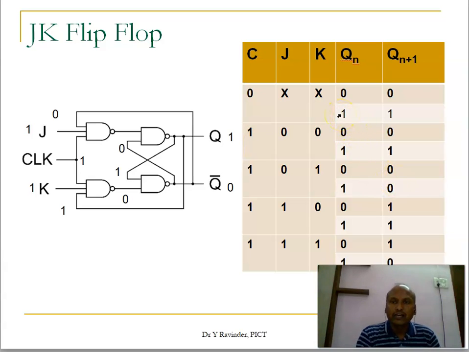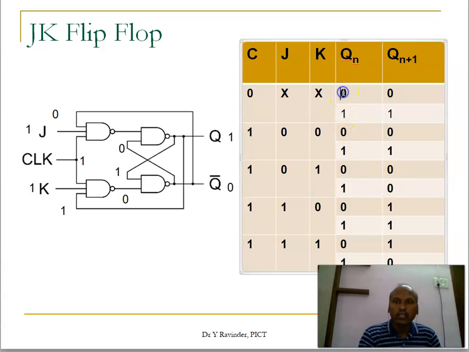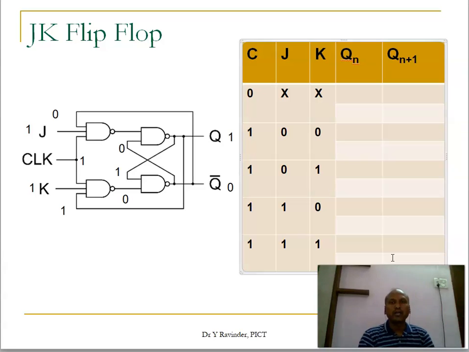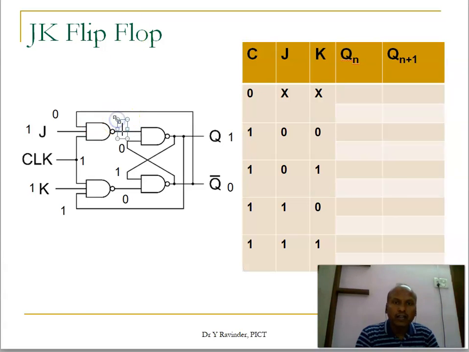Now we will try to understand this one by one. So let us remove all this and then let us try to understand. Say when this is 0, we know that if any one of the inputs of an AND gate is 0, naturally the output of that gate becomes 0 and the NOT gate output becomes 1.